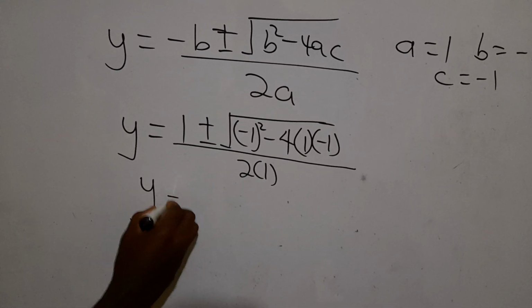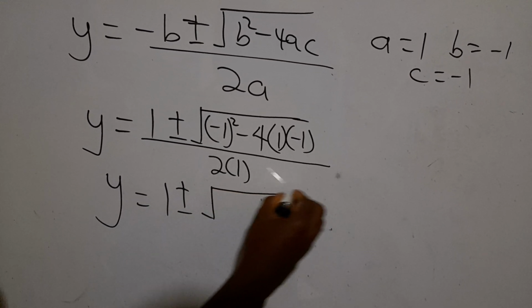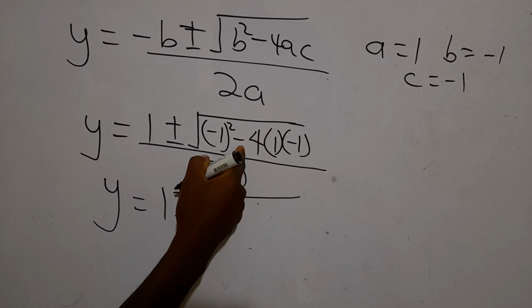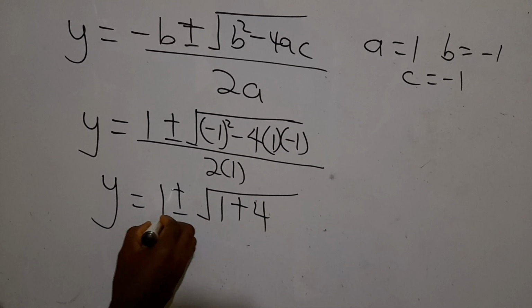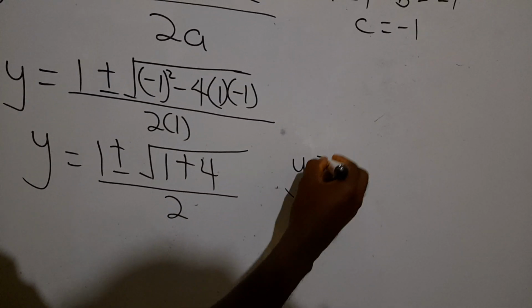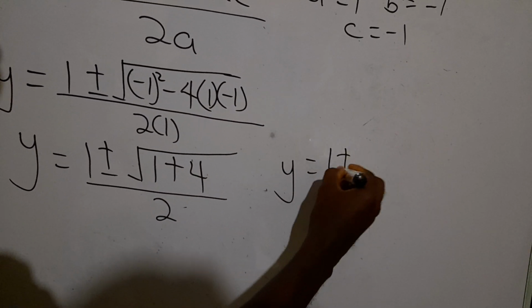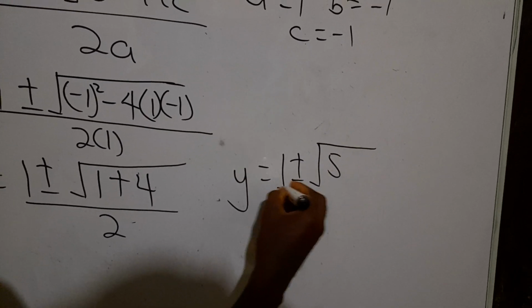I'll get my y to be equal to 1 plus or minus the square root of 1, negative 4 times negative 1, that will be plus 4, all over 2. So I'll get my y to be equal to 1 plus or minus the square root of 5 all over 2.